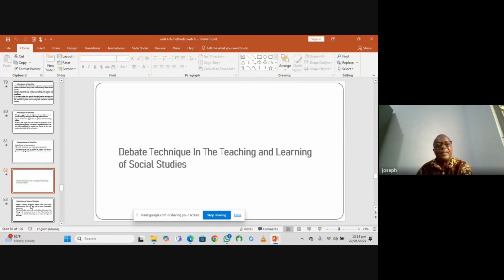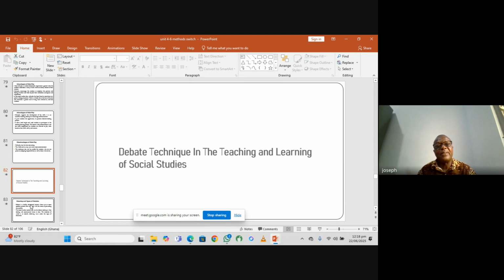If you say you are using role play, it's a technique that you and your learners will use in the classroom. And you know, in role play, most of the things are done by the learners. So it means you are using a learner-centered method in the choice of the technique, role play, that you have selected.